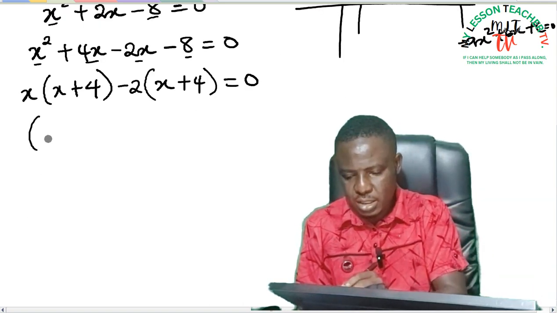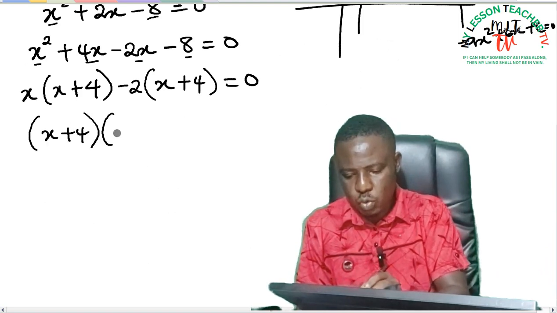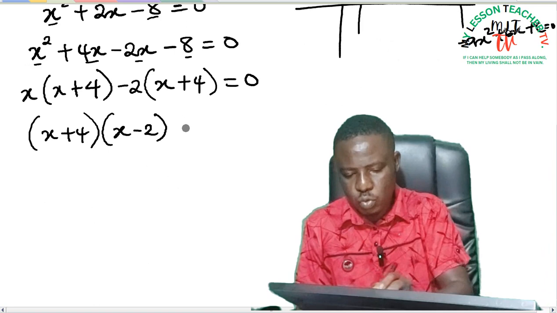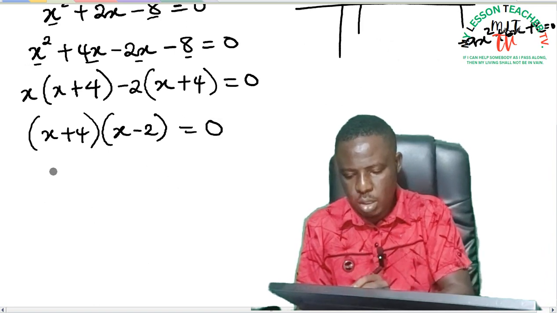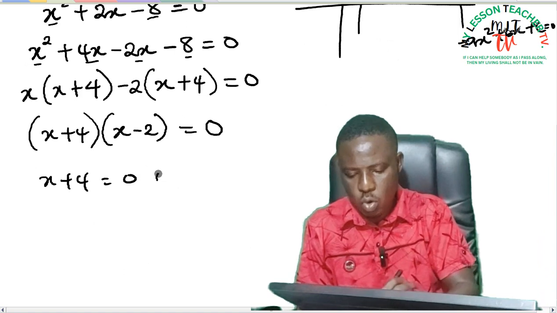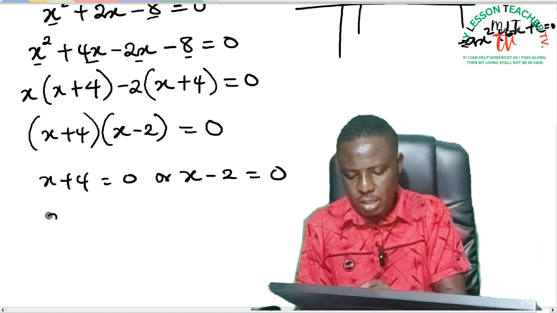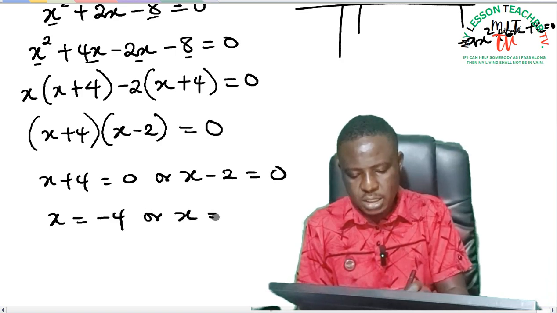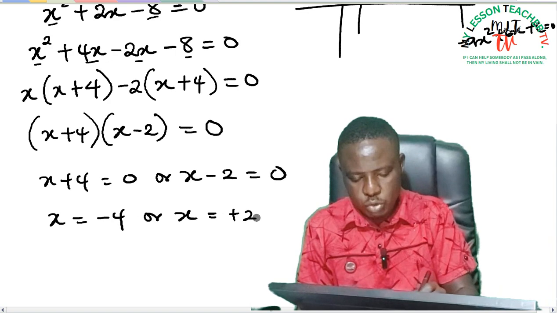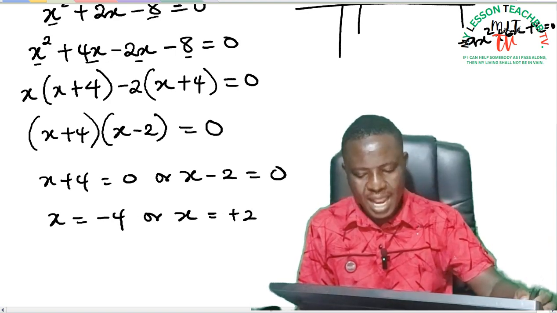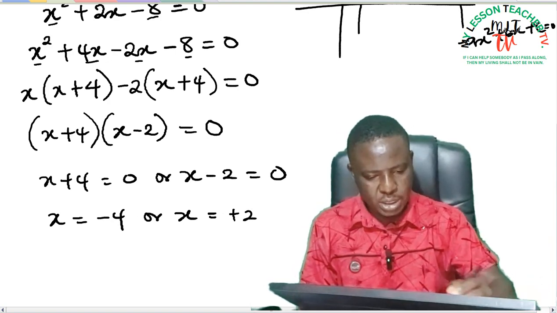So factorizing it, you have x plus 4 into x minus 2 is equal to 0. And you have x plus 4 is equal to 0, or x minus 2 is equal to 0. That means that x is equal to minus 4, or x is equal to plus 2. So I have gotten the zeros of the inequality.